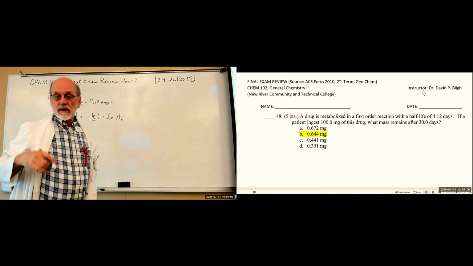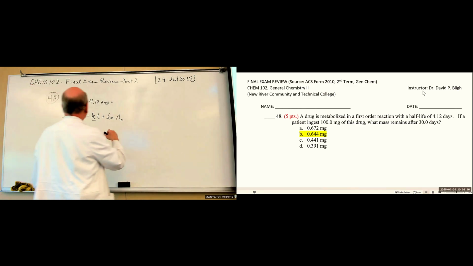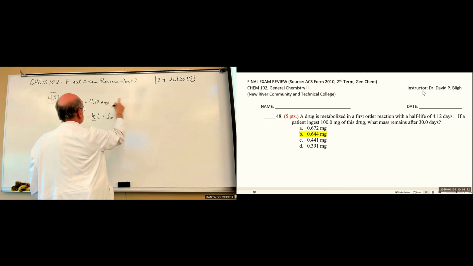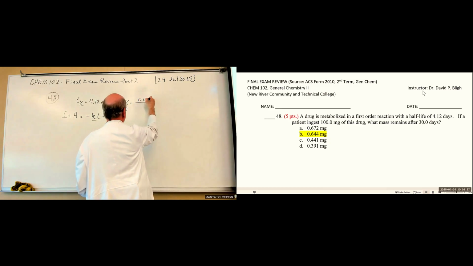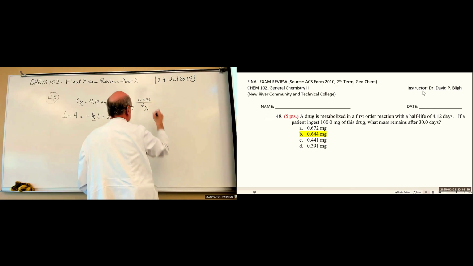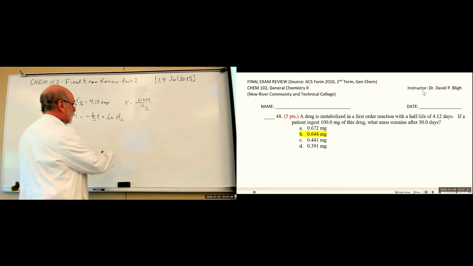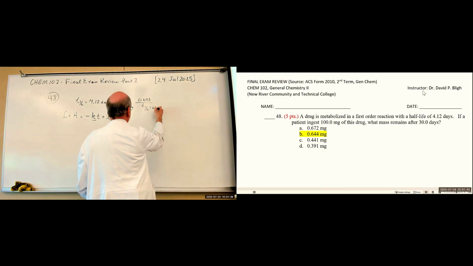And that's equal to the half-life expression for a first order reaction, 0.693 over k. So k is equal to 0.693 over t 1/2. So that way we can solve for k. We just need to put the half-life in here, equals 4.12.